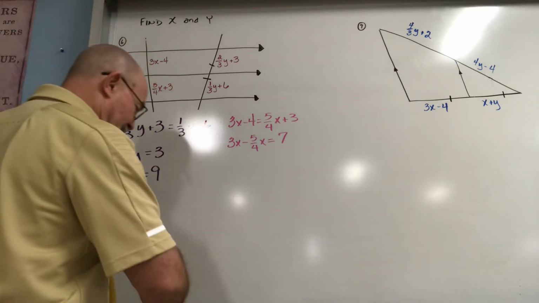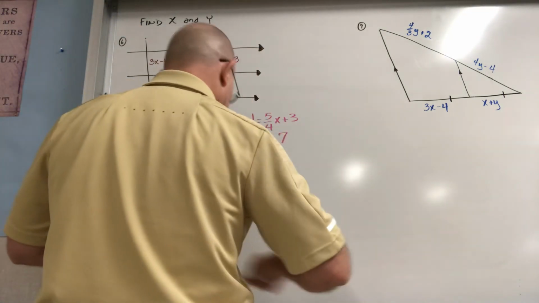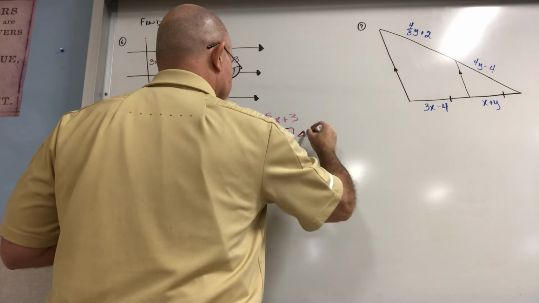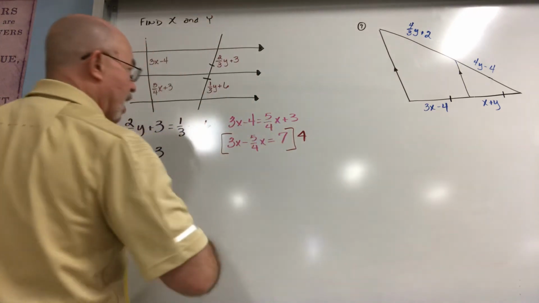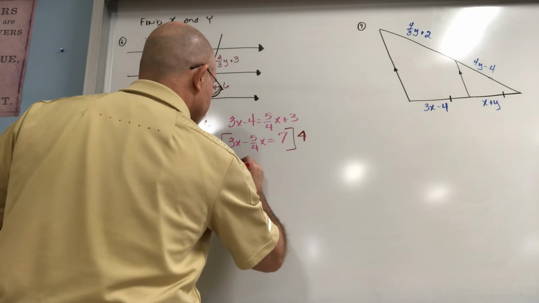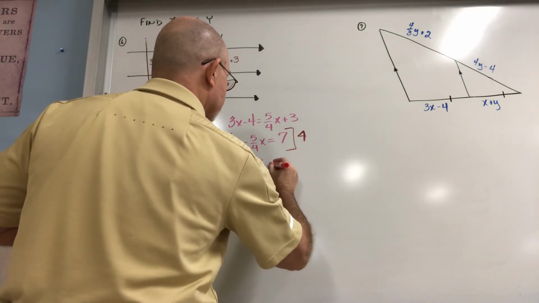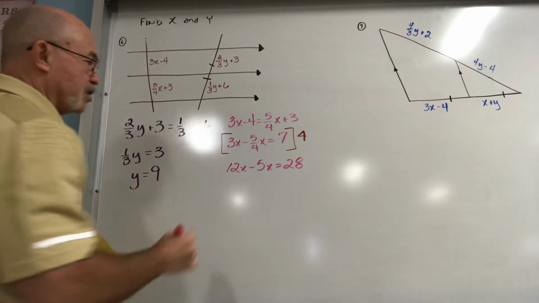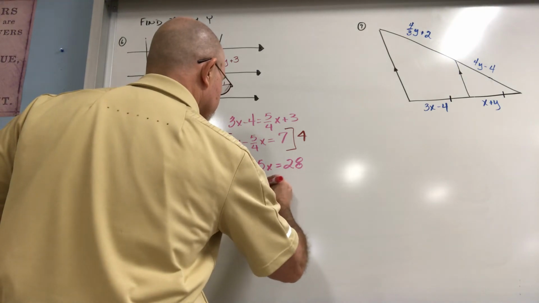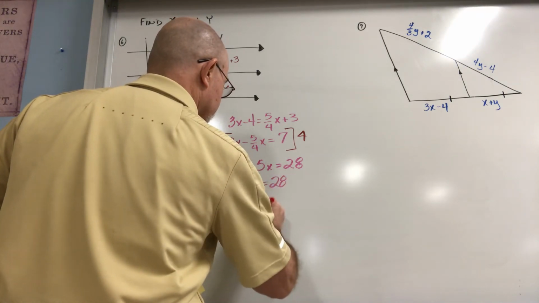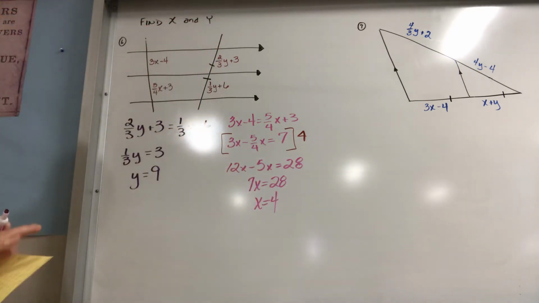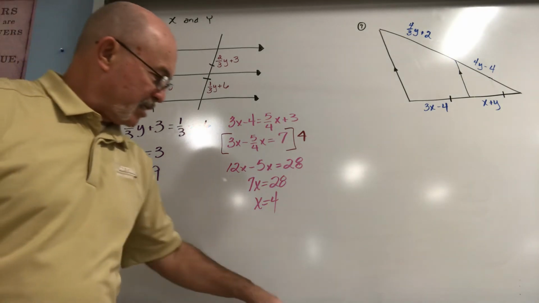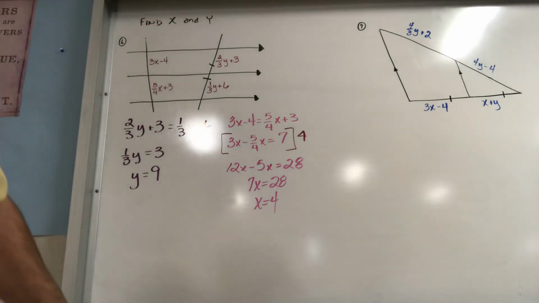So, by multiplying everything on this by 4, I get 12x. No more denominator, no more fractions. And there are my 2 answers, x and y. As I said, not incredibly difficult math.